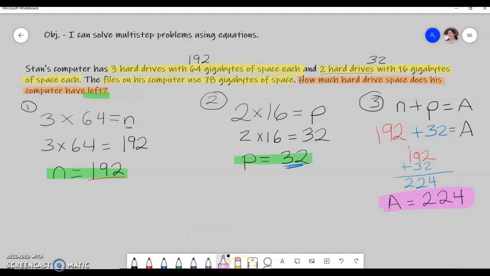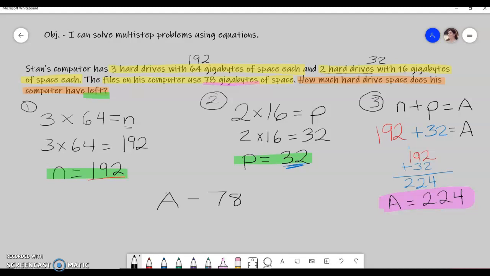So this is where we're going to use that 78 gigabytes. So we know that we're going to have A, because it's the total amount of gigabytes on that computer, minus the 78, because we know that he has 78 gigabytes of files on his computer.